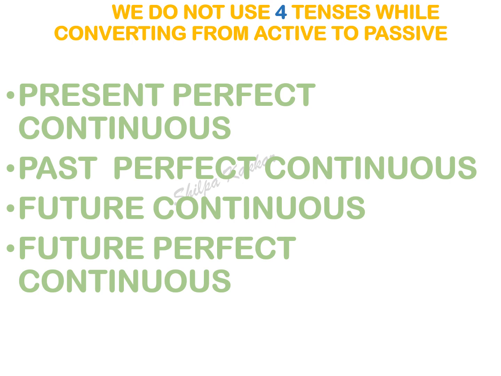As I told you, we have subdivisions of the tenses. The three tenses, past, present and future, are subdivided. But we do not use four tenses while converting from active to passive. These four tenses are present perfect continuous tense, past perfect continuous tense, future continuous tense, future perfect continuous tense.